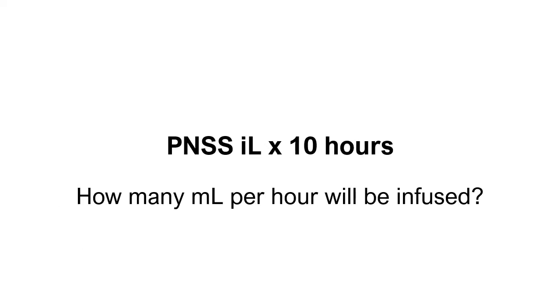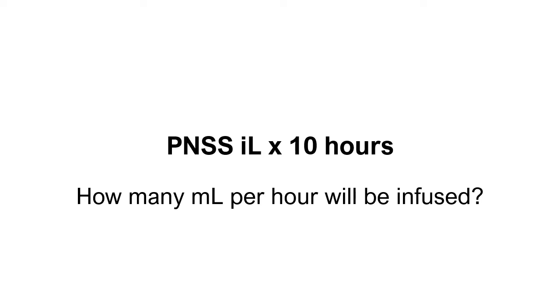Now, if your IV would be infused for 10 hours, let's say the order would say plain NSS 1 liter times 10 hours. How many ml per hour will be infused? Again, this is division.